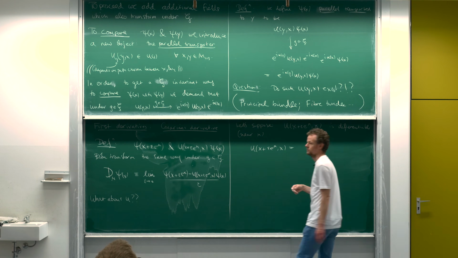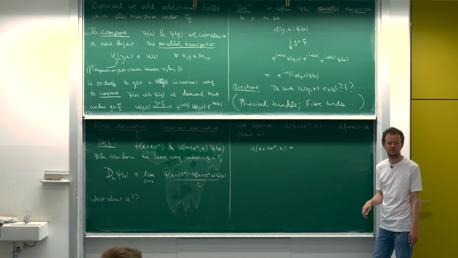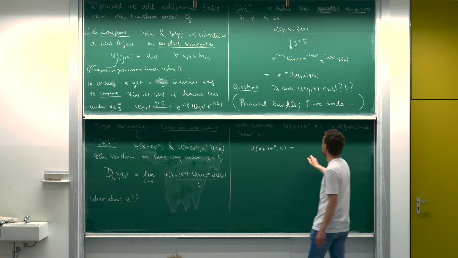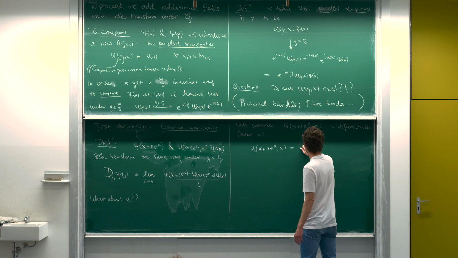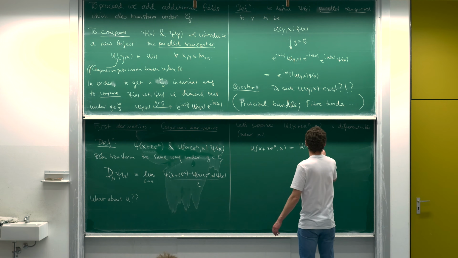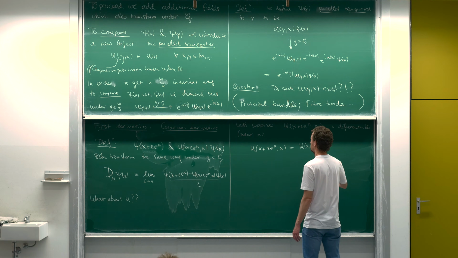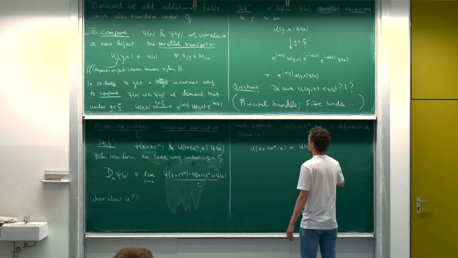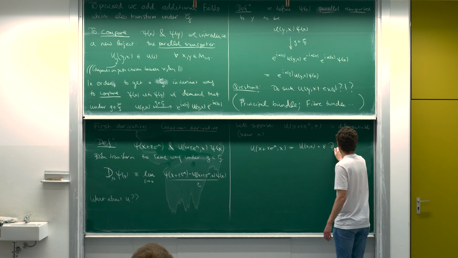So, what does Taylor's theorem tell us if it's nice and differentiable in some open neighborhood around x? It tells us that it's equal to u(x,x), when epsilon is 0, plus epsilon, some Taylor coefficients, d mu.